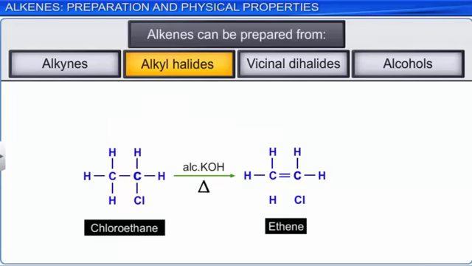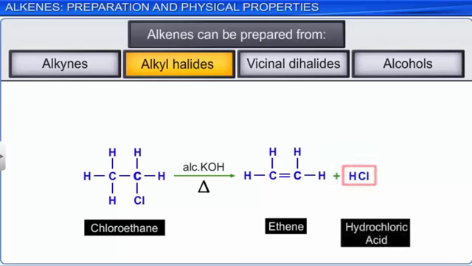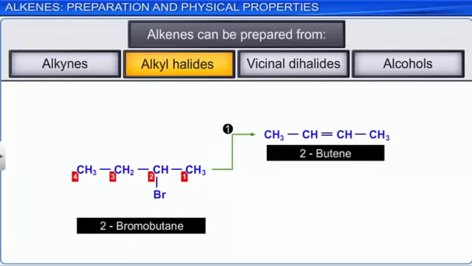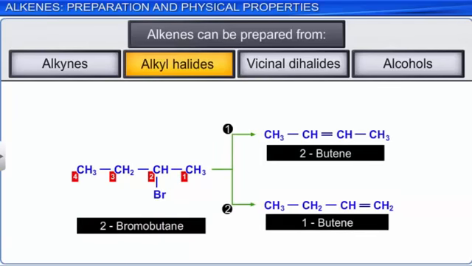During this reaction, the hydrogen and halogen atoms on adjacent carbon atoms of chloroethane are eliminated in the form of hydrochloric acid. In a dehydrohalogenation reaction, if there are two possible positions where the double bond can be formed, then the product obtained is governed by Saytzeff's rule.